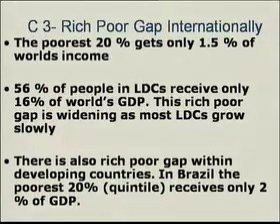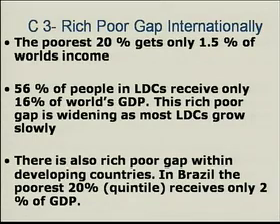For instance, if you look at the poorest set of countries, something like 30 to 40 countries, their share of world income is 1.5% of the world income, whereas that is 56% of the population in the world.